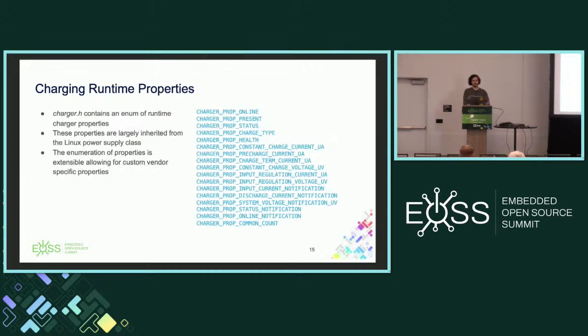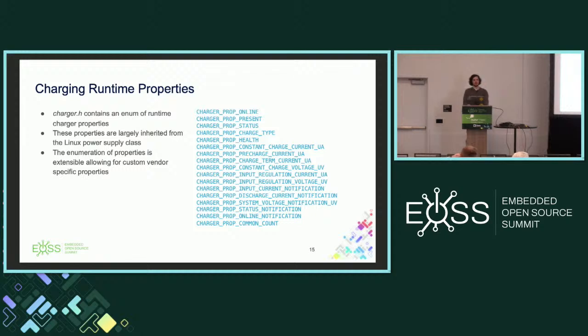And these are the properties that I was referring to in the get property and set property handlers. A lot of these should look familiar to anyone that's used the Linux power supply class. They almost all have the same exact names with charger prefix to it.